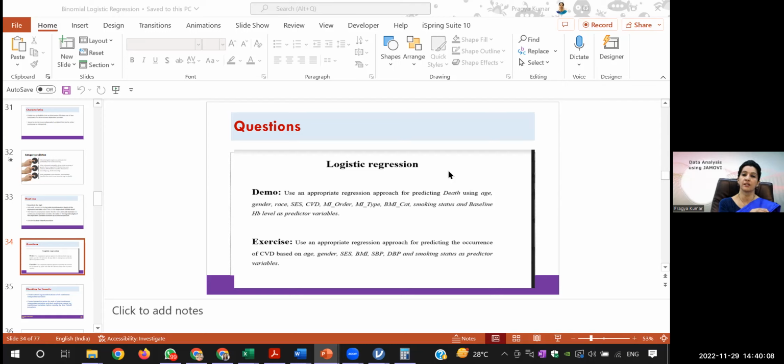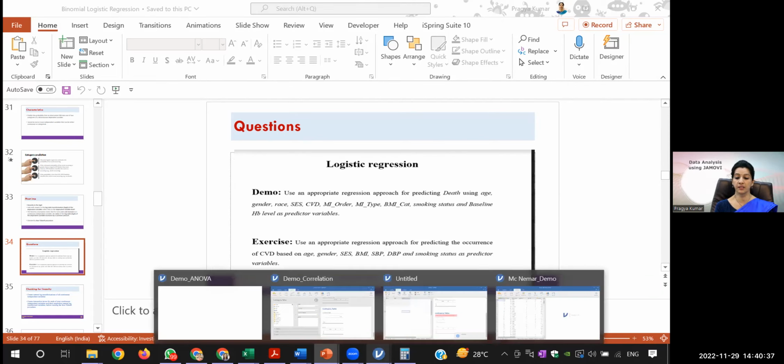That's why you can use the logistic option also. And remember, in the odds ratio, it is easy for interpretation because it gives the reference value also, which was not there in the 2x2 odds ratio calculation. Here you will see, and you can change it also. Although in the breakout room you must have learned that you can change that, that is not visible in the output. So let me open the sheet and question, because I have not opened that.